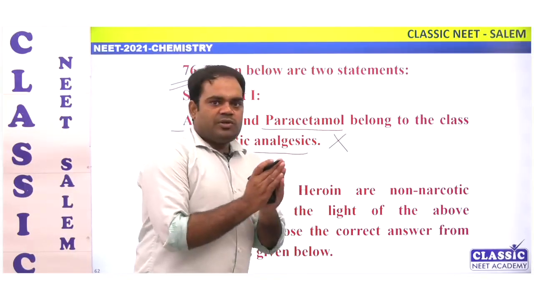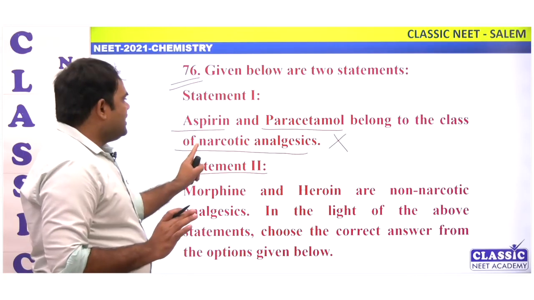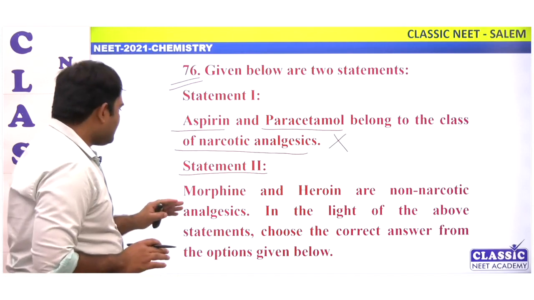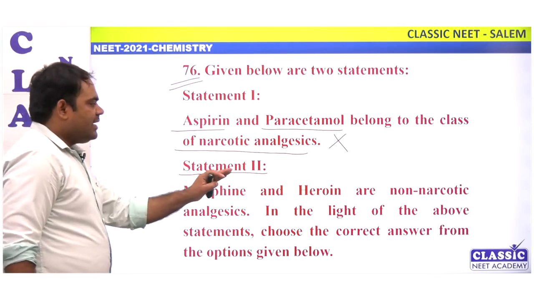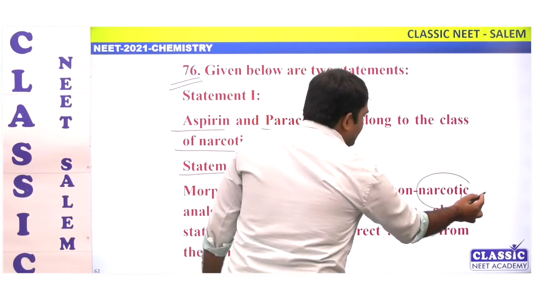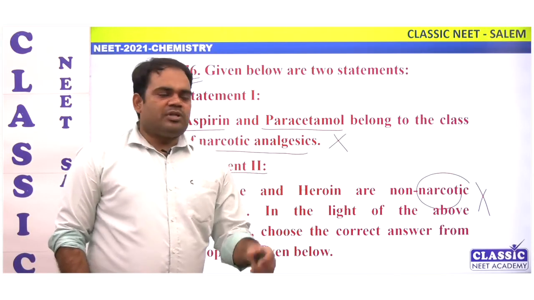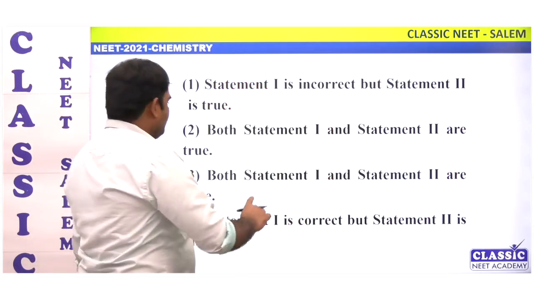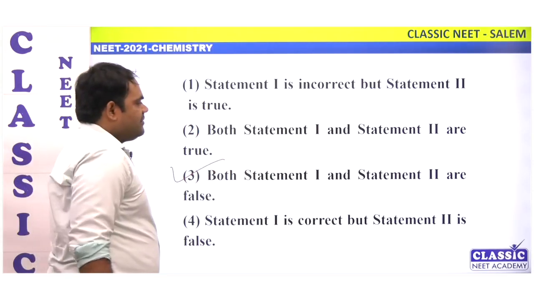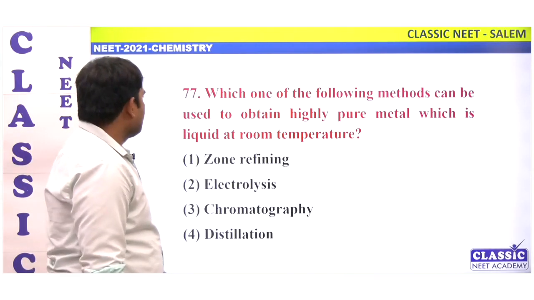Look here, statement 1 is wrong, because aspirin and paracetamol are not narcotic analgesics. Next, morphine and heroin are non-narcotic? No, they both are narcotic, so that is also wrong. So statement 1 and statement 2 both are false. So the third is our correct answer.